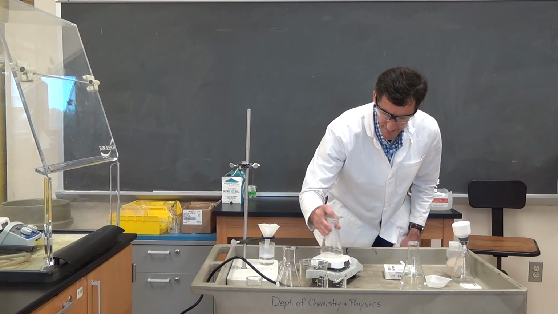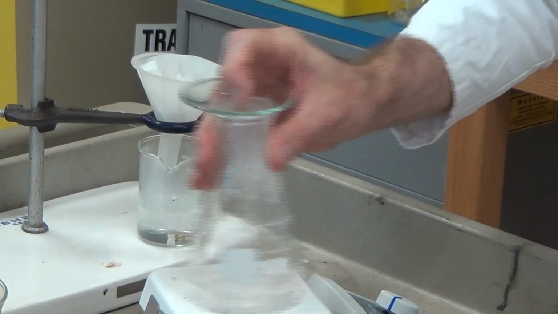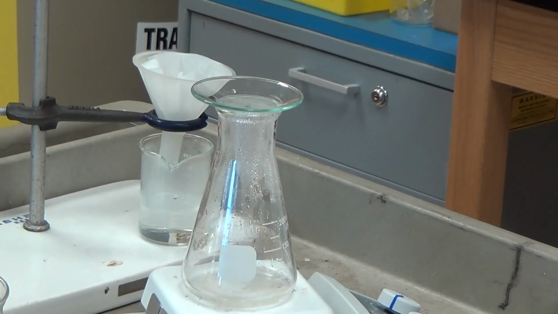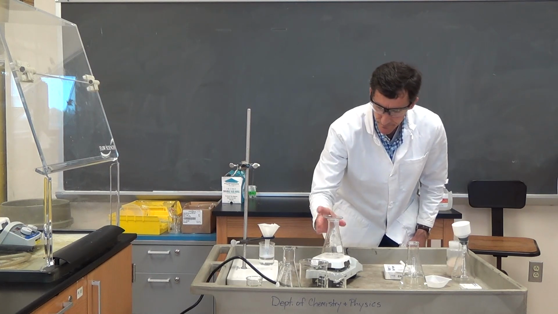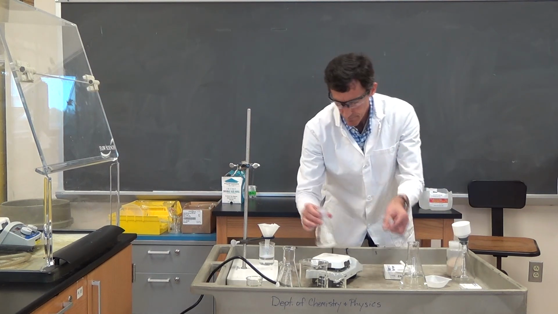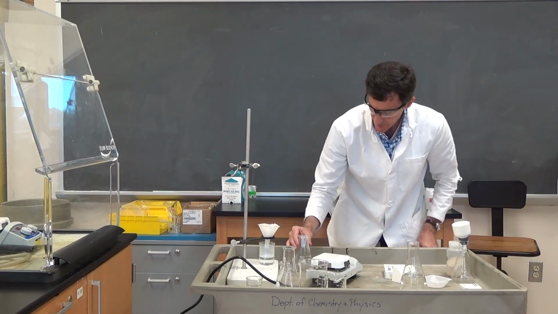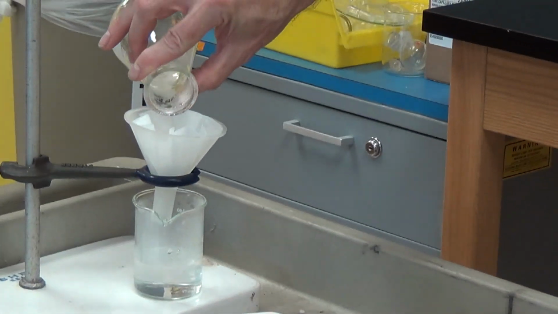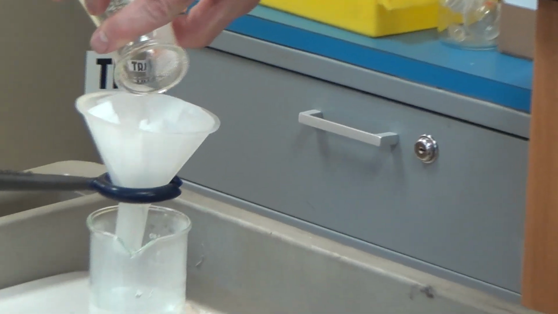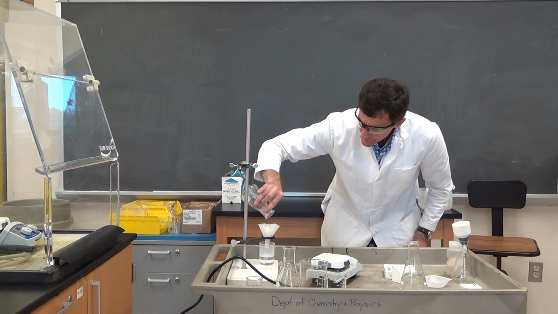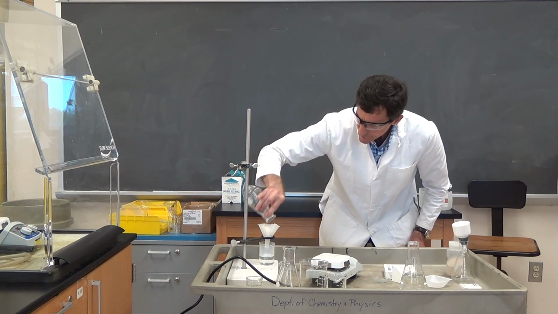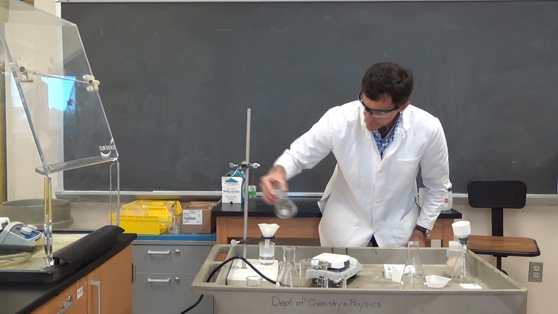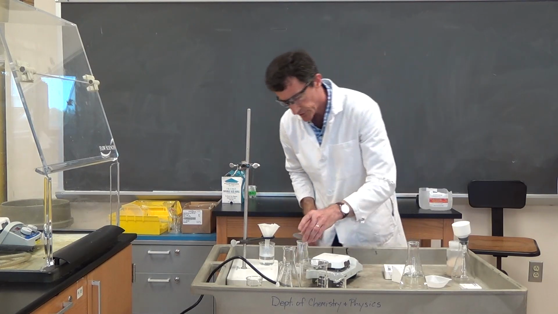I can kind of swirl it by hand. Any residual compound can be dissolved. And I can use this as a little rinse to sort of rinse down my filter paper and chase everything through. And so that's our hot filtration.